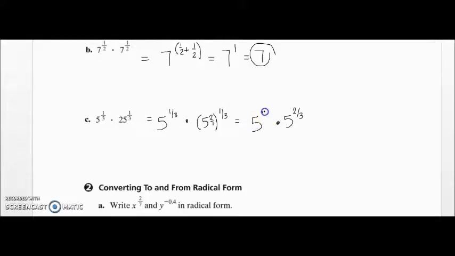We've got 5 to the 1/3. Now this looks very similar to this problem we just did. They have the same base, so we just add the exponents. And this becomes 5 to the 1/3 plus 2/3. 1/3 plus 2/3 is 1, so this ends up being just 5.